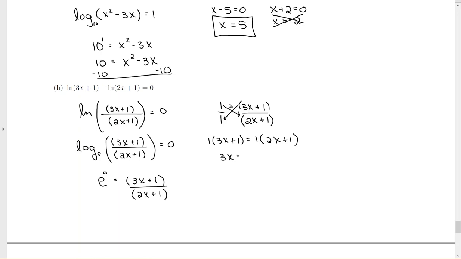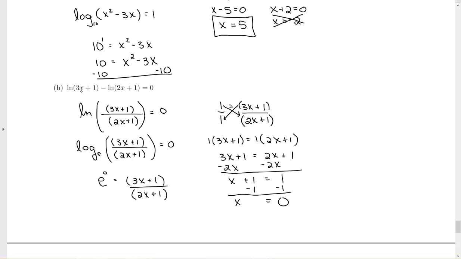Now this one won't be so bad because we're just distributing a 1. Get your x's on one side. And your constant on the other. So I'm going to have to subtract 1 from both sides. I get x equals 0.